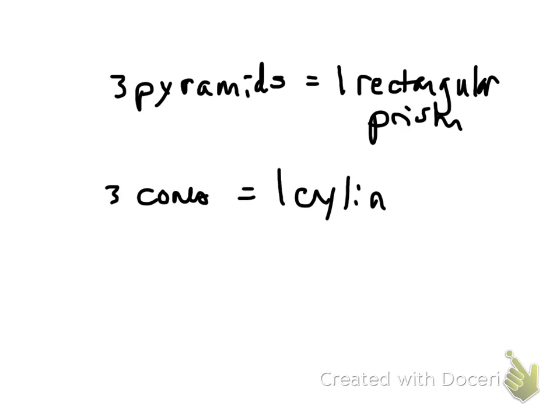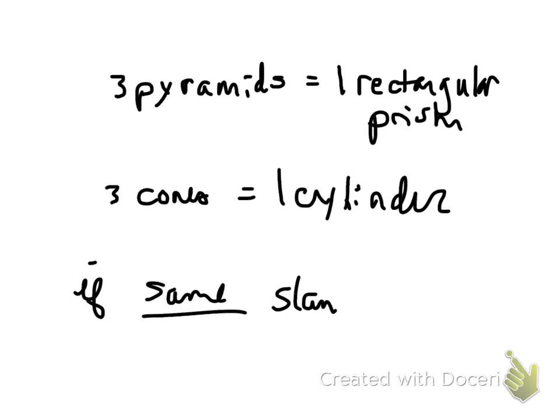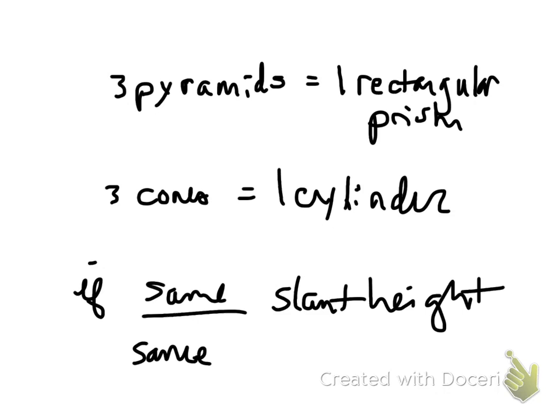They would have the same volume if they had the same height and the same base. In the case of the cone or the cylinder, it would be the same radius and the same height.